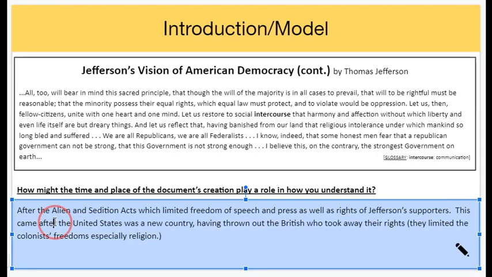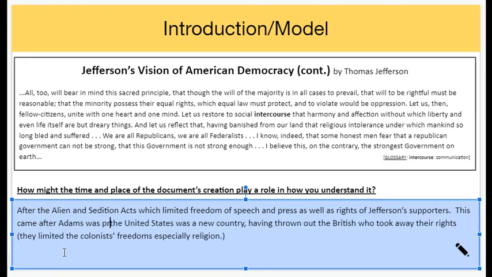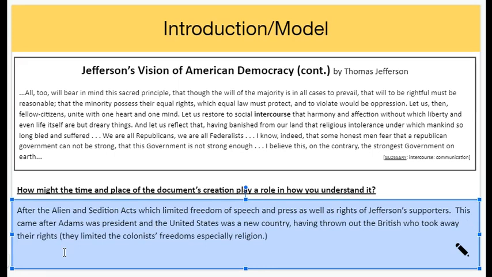This came after, I'm going to add in, Adams was president and the United States was a new country, having earlier thrown out the British who took away their rights. Okay, this is just kind of like my notes for me, but I think you're following my thoughts. I hope you are. If not, stop, rewind, go back.